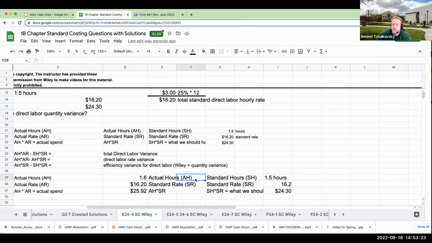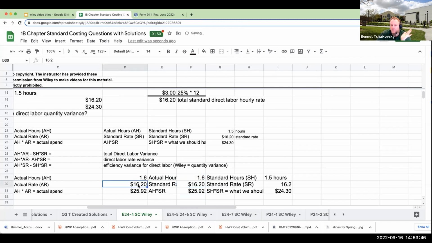Now, in terms of coming up with the middle value, I'm going to take my actual hours and the standard rate. So this is 1.6 times 16.2, or $25.92. Why does this look the same? It's because the actual hours are here, but the standard rate is the same across the board.